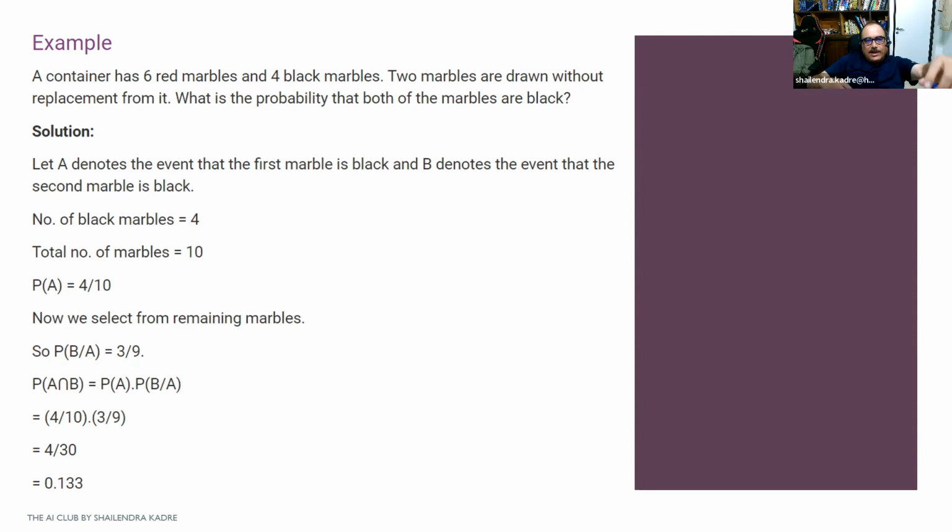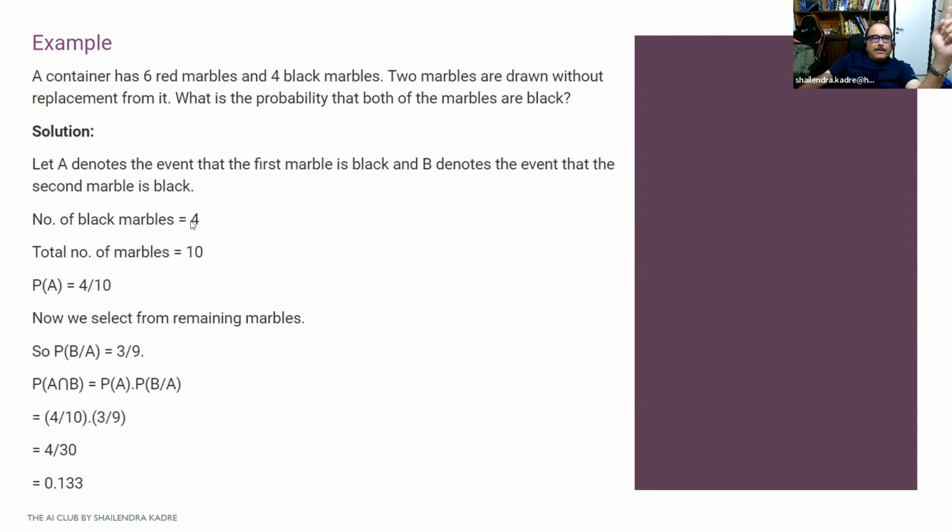Before taking the first marble, the total quantity was 10. When I take the first out, the total becomes 9, because 1 is already taken out, and from 9 I'm choosing 1 more marble. So 2 marbles are drawn without replacing. What is the probability that both marbles are black? That is the question.